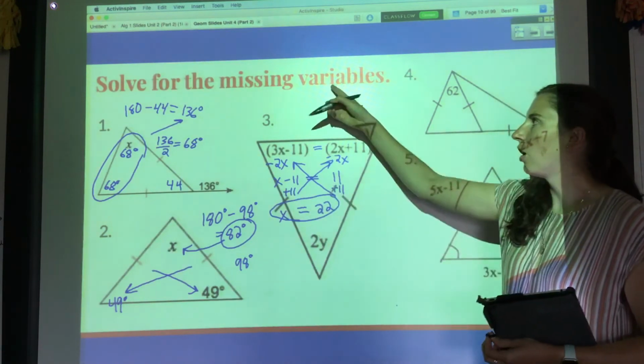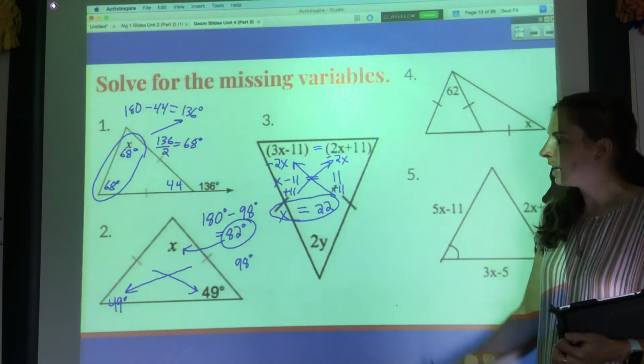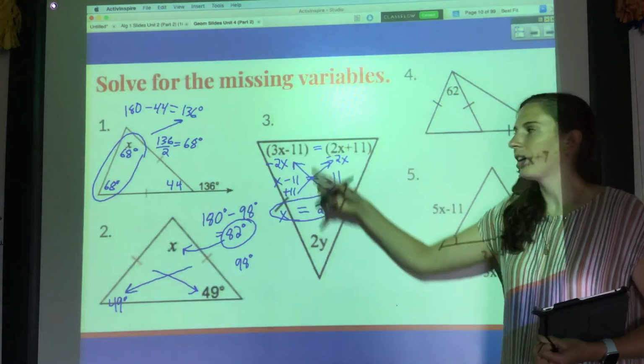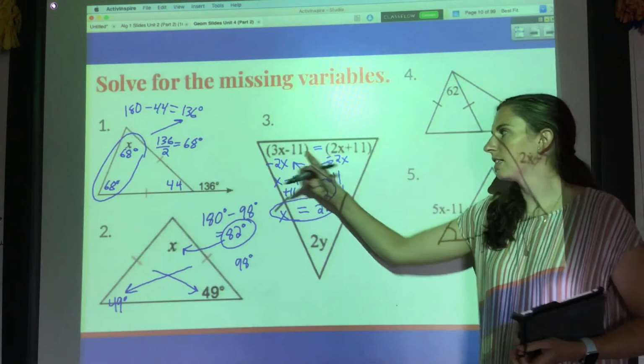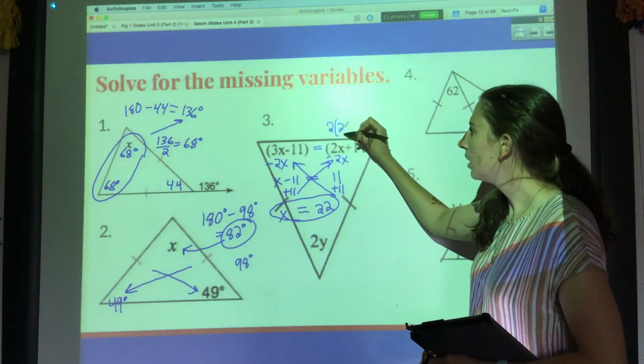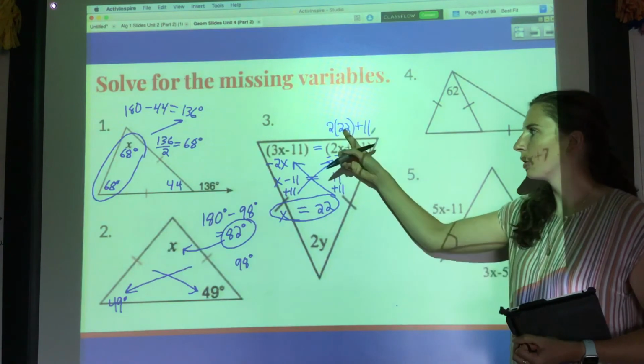It did say to find all the missing variables, so I'll need to find y as well. If x is 22, I could put that in for x and find what these angles actually are. So like 2 times 22 plus 11. What is that? That'd be 44, 55.